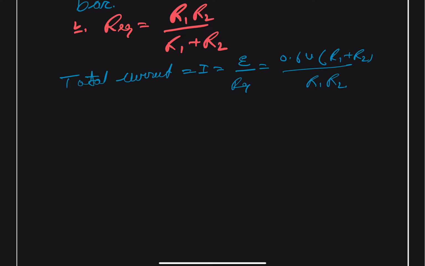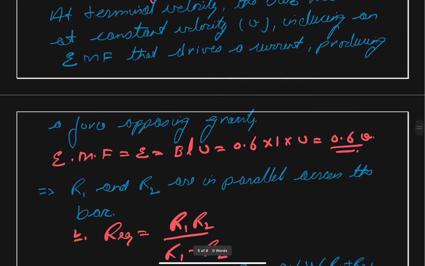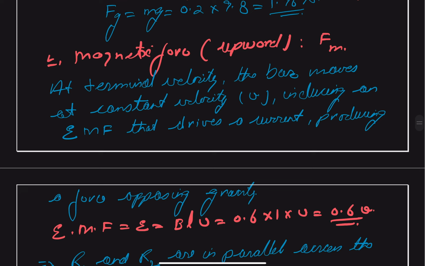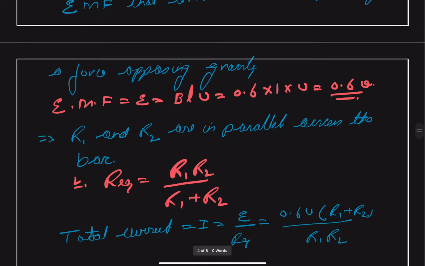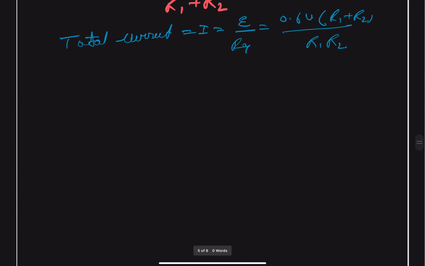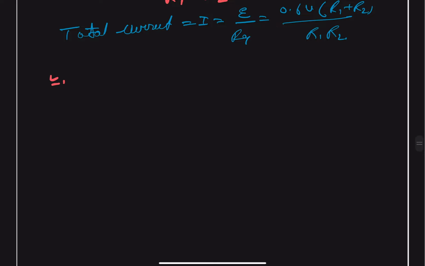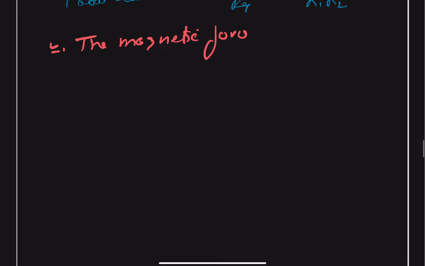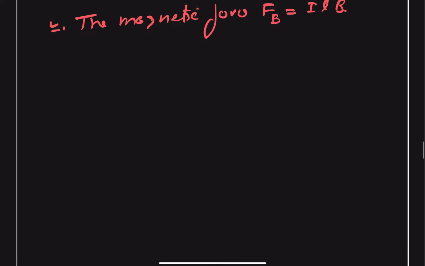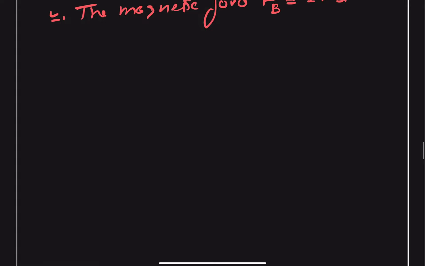Therefore, the magnetic force, let us call this FB, not FM, because this is force due to magnetic. So the magnetic force FB will be equal to I L multiplied by B, and we substitute the values.